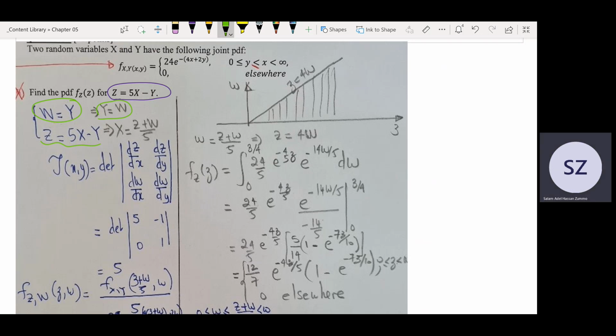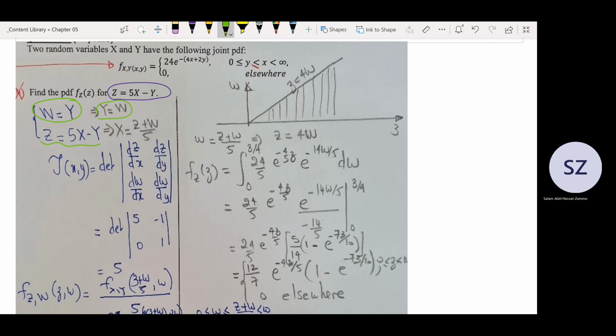Now we find the Jacobian. It is the derivative of the first function with respect to X and with respect to Y, and the derivative of the second function with respect to X and with respect to Y. The first row is the first function, the second row is the second function.